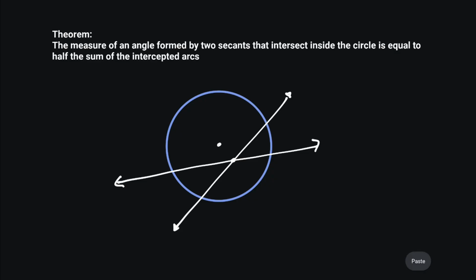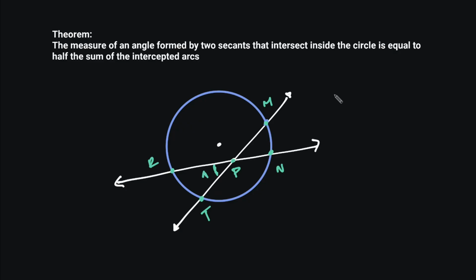Let me use a different color. Let's call this M, and this N. Let's call this R, and this T, and this P. What it's saying is that the angle formed by the 2 secants, it could be this one, let's name it angle 1.